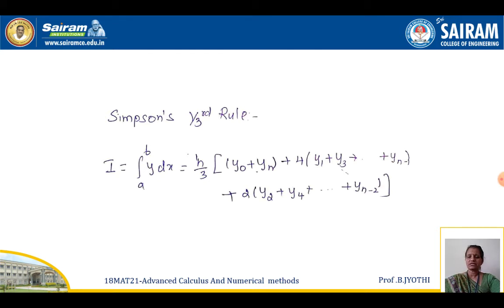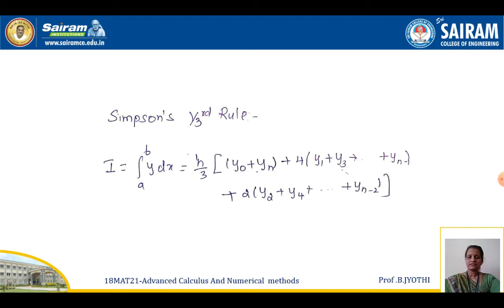In Simpson's one-third rule, I = ∫ from a to b of y dx = h/3 [y0 + yn + 4(y1 + y3 + ... + yn−1) + 2(y2 + y4 + ... + yn−2)]. It's very easy to remember the formula.